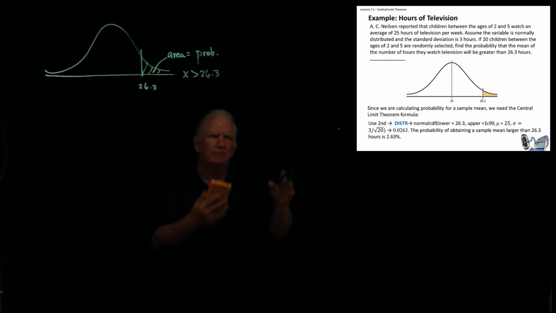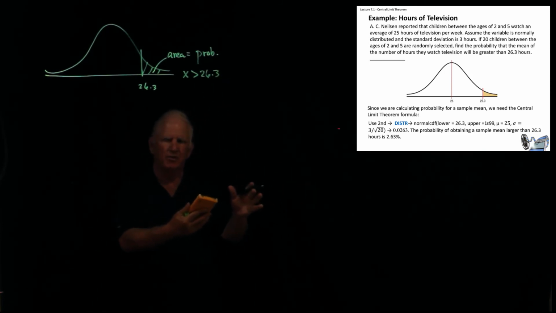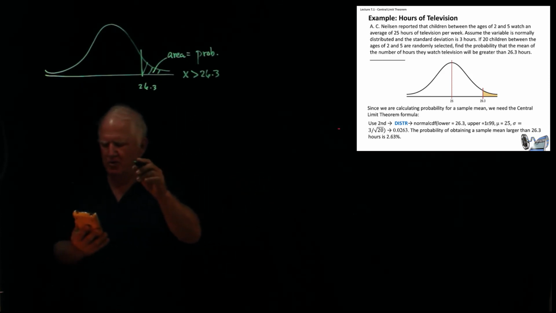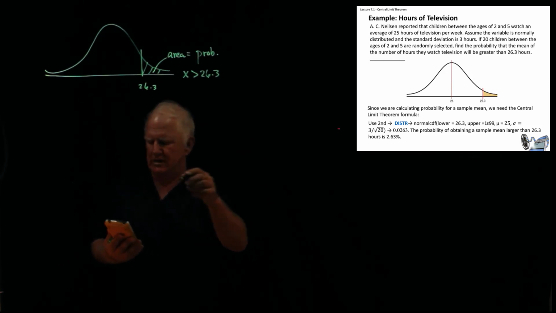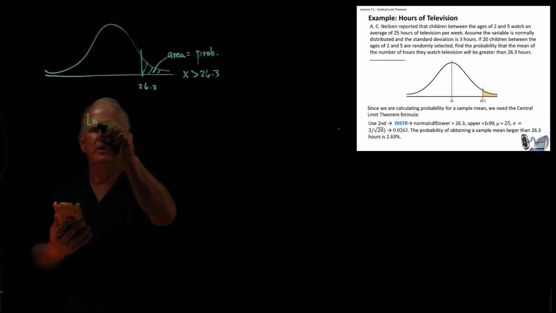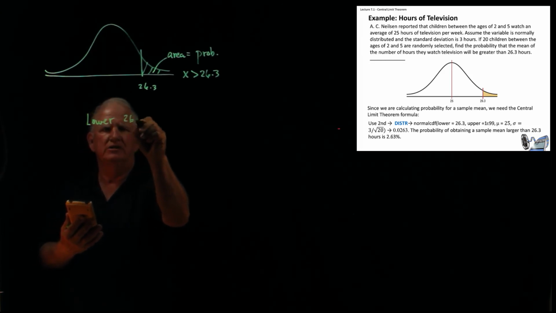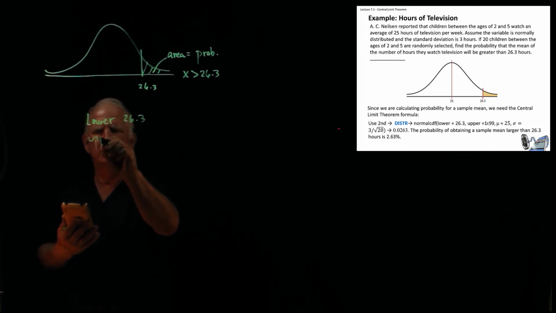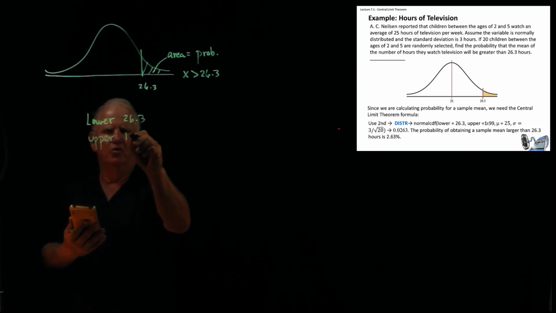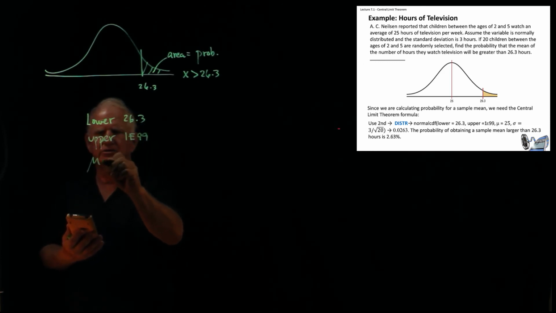Okay, what's the difference here between this problem and the problem you've done before? Because you would have just before gone lower, 26.3, upper, I'm going to go 1E99. Seems like the cool kids are doing that.